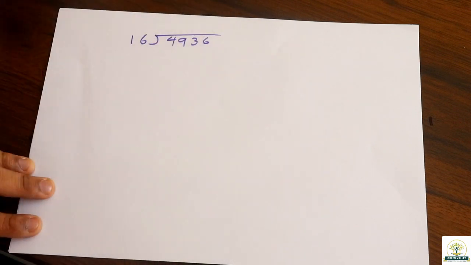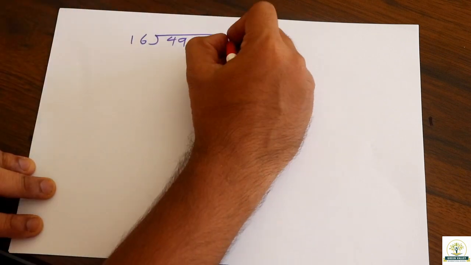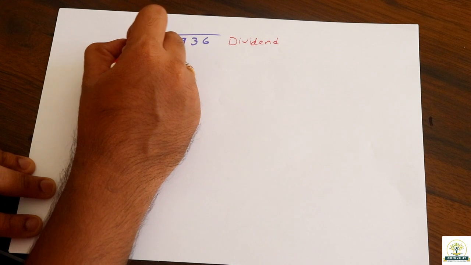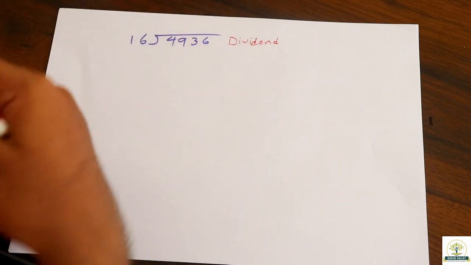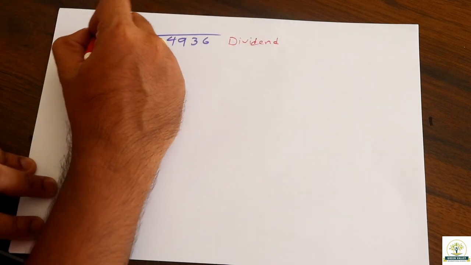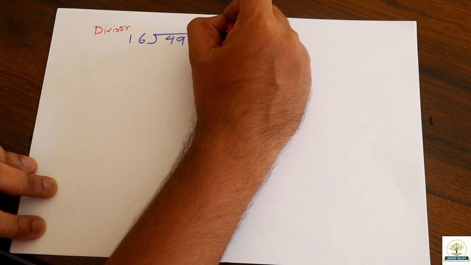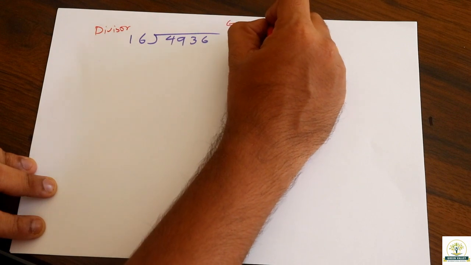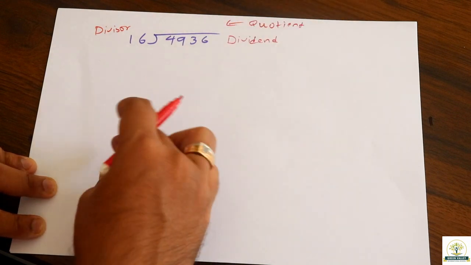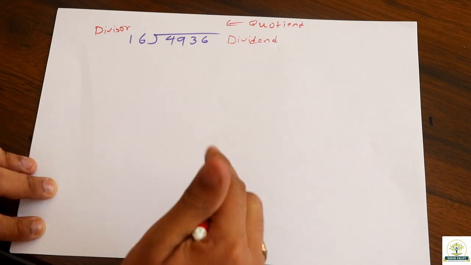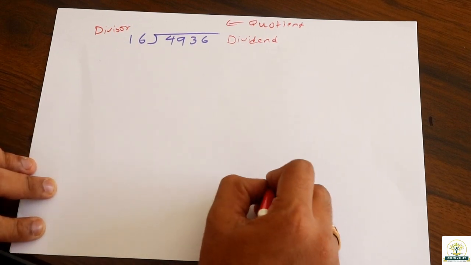This 4936 is called the dividend. The 16, the number by which you are dividing, is called the divisor. Whichever answer you get is called the quotient, and the remaining number, whether it is 0 or not 0, is called the remainder.